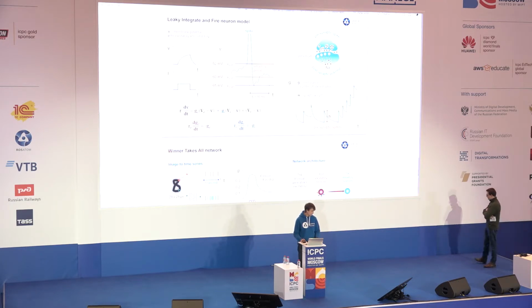Next we see the differential equation which describes this behavior. It consists of three parts. The first one is an excitatory current which raises the membrane potential. The second one is an inhibitory current, and the last one is a resting current. All the currents are defined by conductances. Dmitry talked about it, but every conductance is a dynamic variable itself.